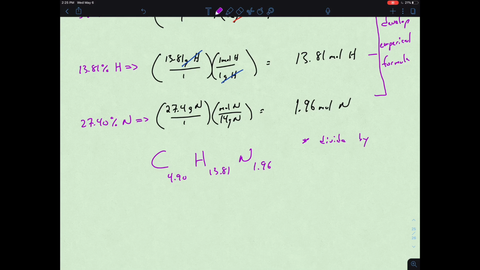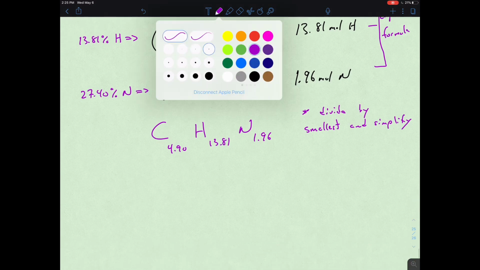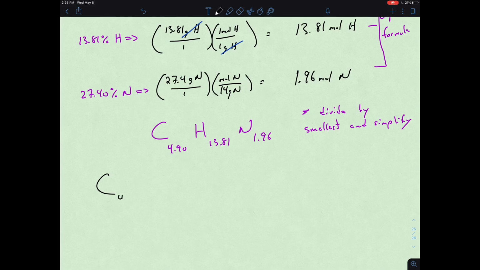So we want to divide by the smallest and simplify the process. So we would have really a division by the nitrogen.